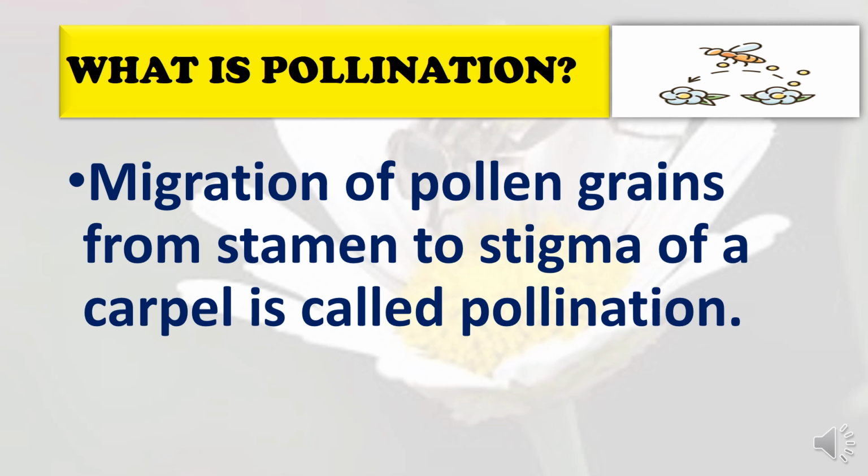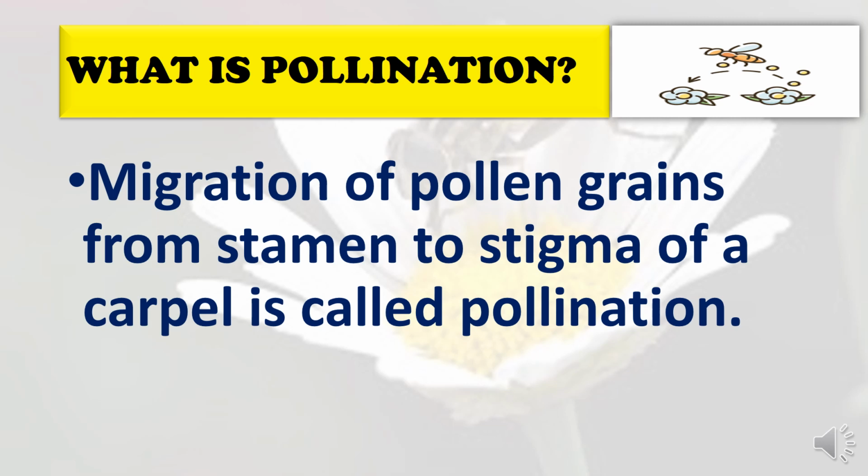Now, stamen, you all are aware that it is the male reproductive part of the flower, right? And in the stamen we have the anther and the filament. In the anther you have seen that there are small light yellow grain-like structures present, which are called the pollen grains.